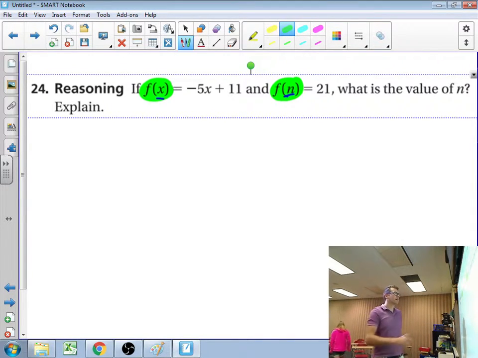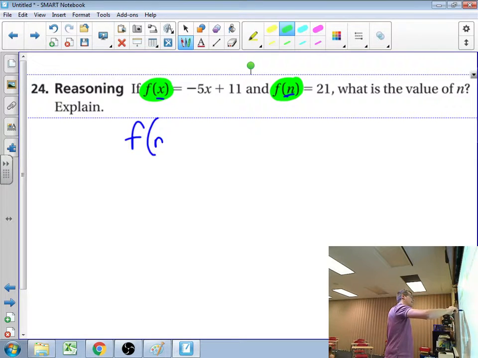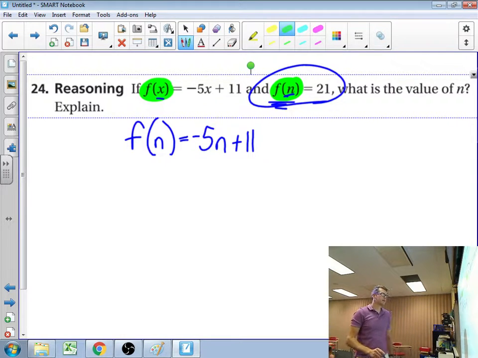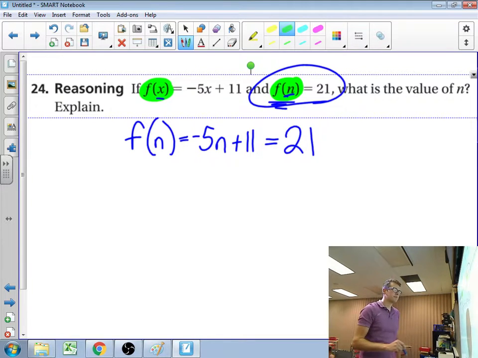So even though this initially says if f of x is negative 5x plus 11, and then it says f of n, I can really just think of that as now f of n is negative 5 times whatever my input is plus 11. All that matters is that whatever's in my function notation, that matches what my input in the function is. So now it says if f of n equals 21, well, so f of n equals 21.